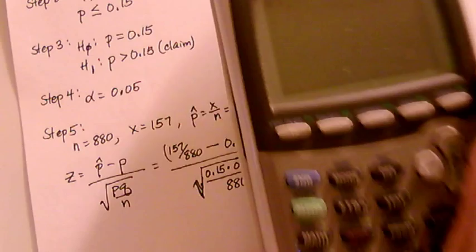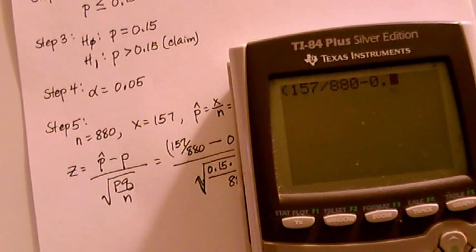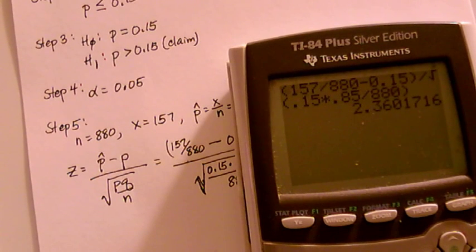So in this case here, left parentheses, 157 divided by 880 minus 0.15, close parentheses, divided by the square root of 0.15 times 0.85 divided by 880, and to 2 decimal places, your test statistic will be 2.36.